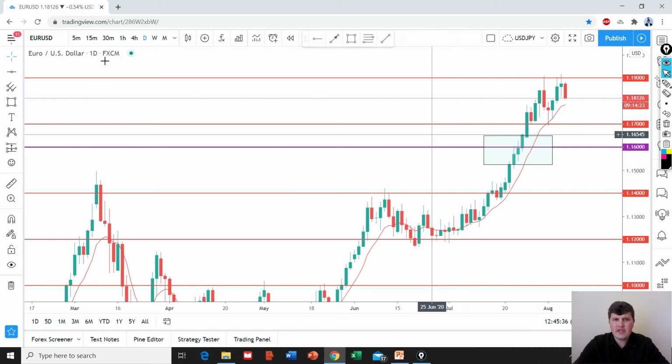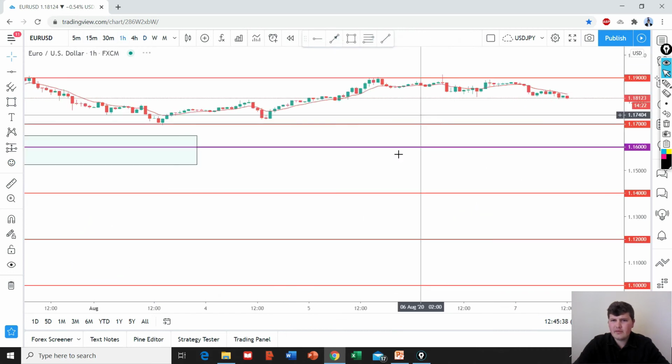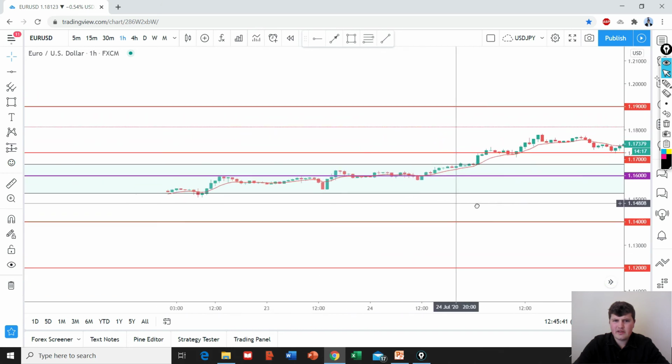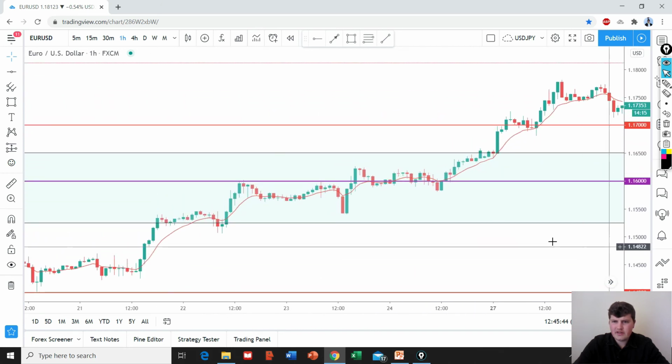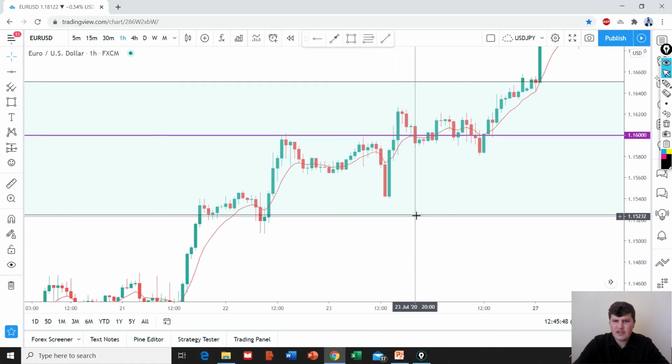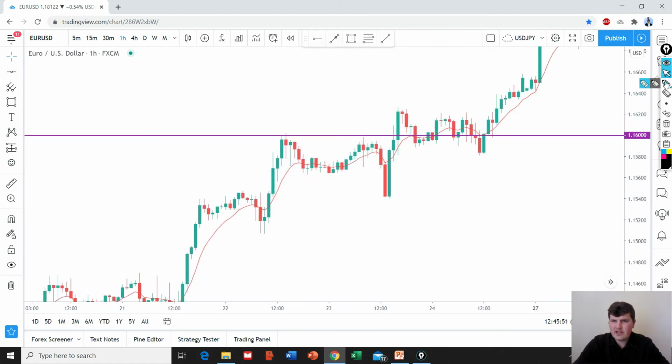So if we zoom in a bit on the 1 hour time frame to this area, let's see if price reacted to this psychological level. Let me just delete this again, and as you can see, price came up to this level, had an immediate rejection, tested it again, immediate rejection again, and broke through, and it acted as a support for this move up higher.